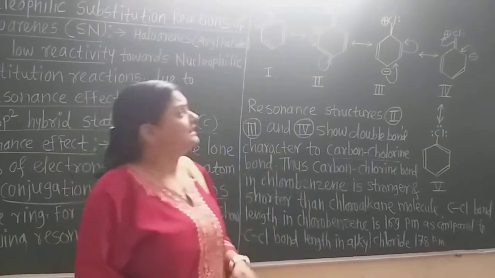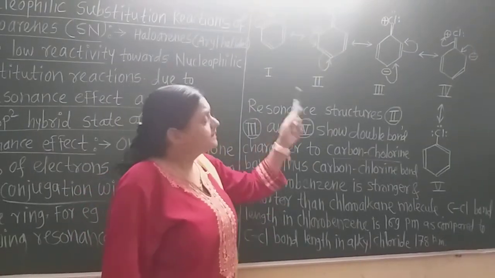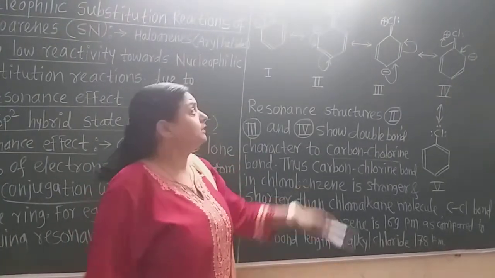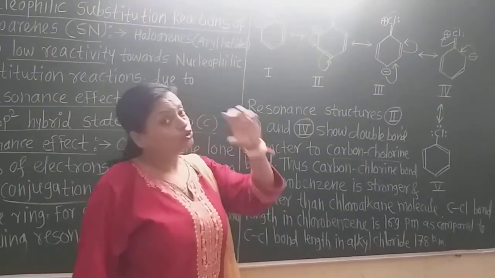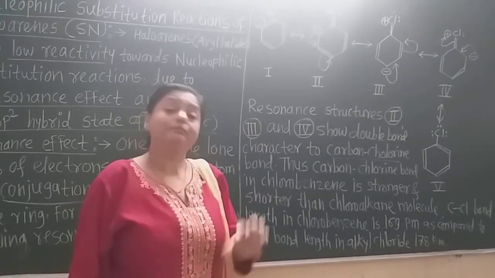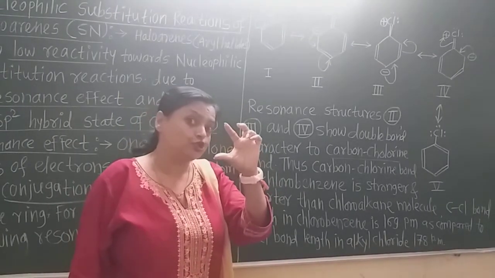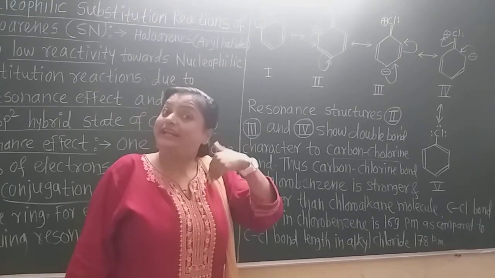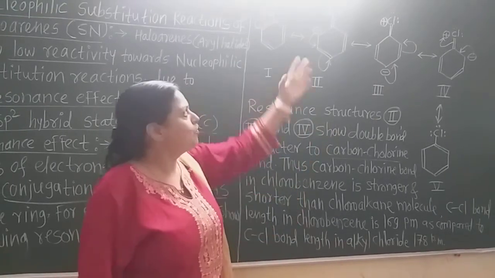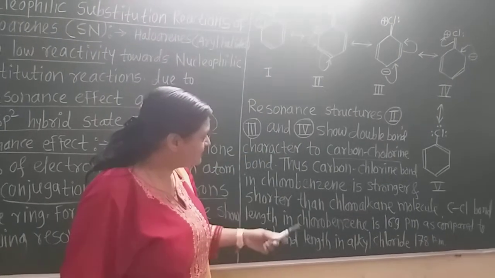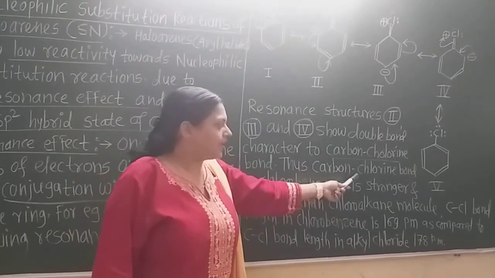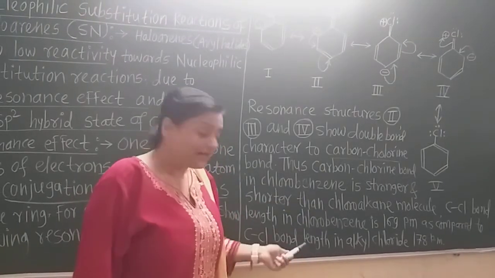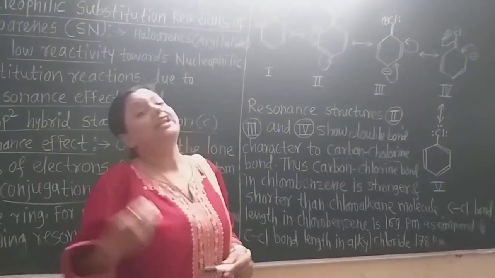So as in these 3 structures, second, third and fourth, there is double bond character between carbon and chlorine, the carbon-chlorine bond becomes stronger and shorter. That means the chlorine cannot easily be replaced because the bond is stronger. So what is the reason? Thus the carbon-chlorine bond in chlorobenzene is stronger and shorter than in chloroalkane.